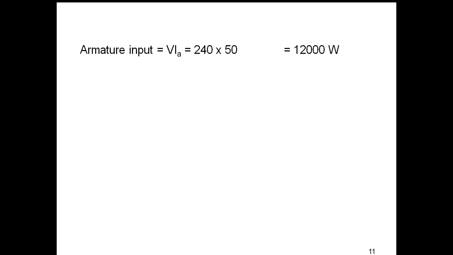And in order to find the armature input, we know the formula is V into IA, which is equal to 240 into 50 is 12,000 watts.